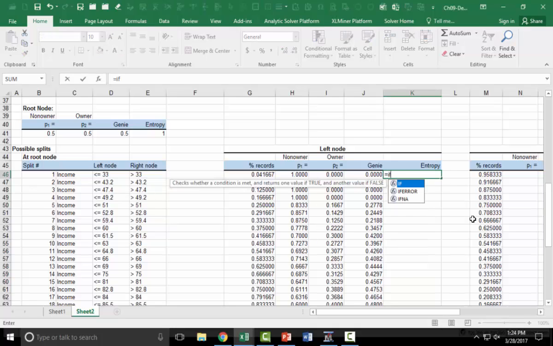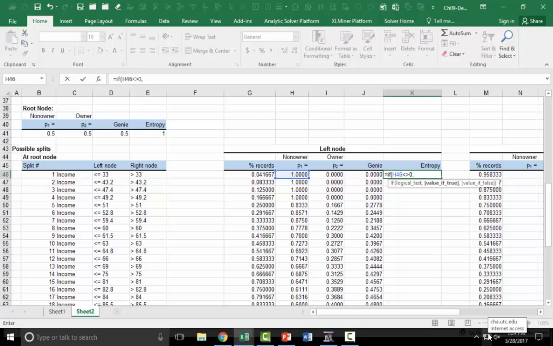So we need an if: P sub 1 is not 0, then we have to further check if P sub 2 is not 0, then it will be minus of each probability multiplied by the log of that probability to base 2, plus P sub 2 times log of P sub 2 to the base 2.